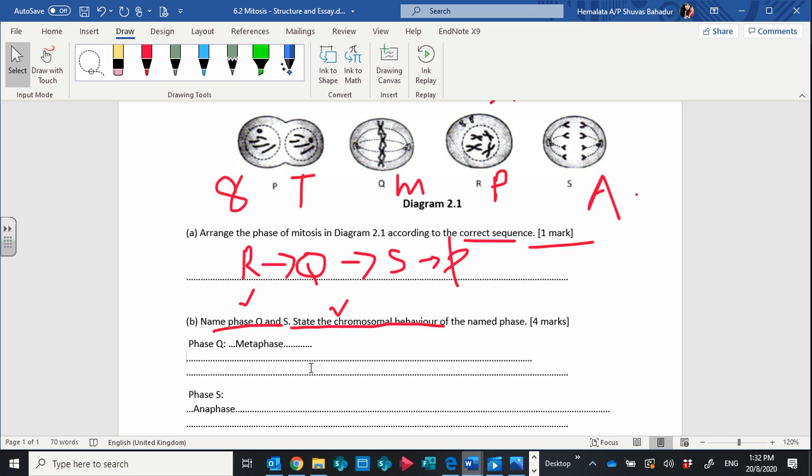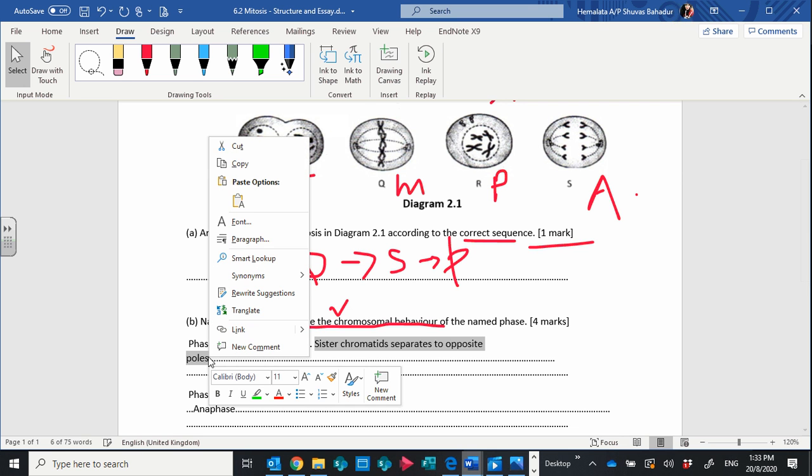So you just have to say that the sister chromatids separate to opposite poles. Sorry, that was for anaphase.